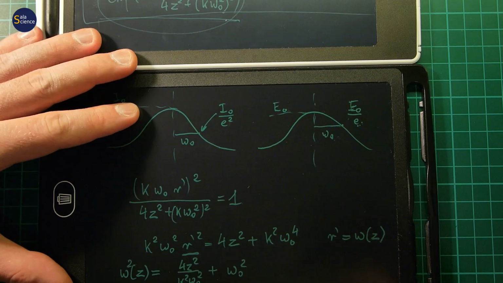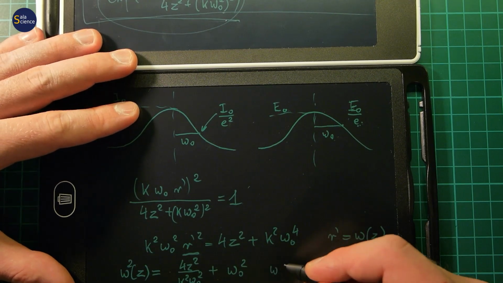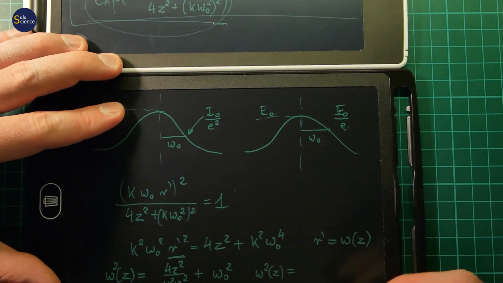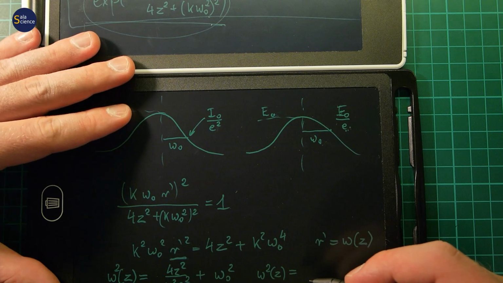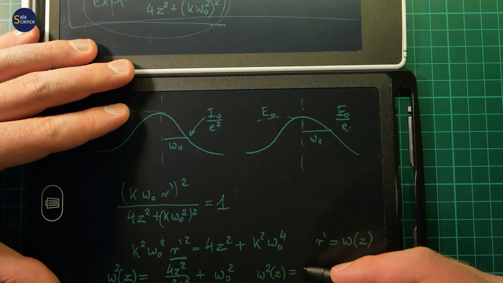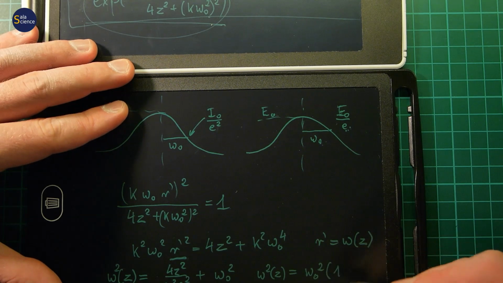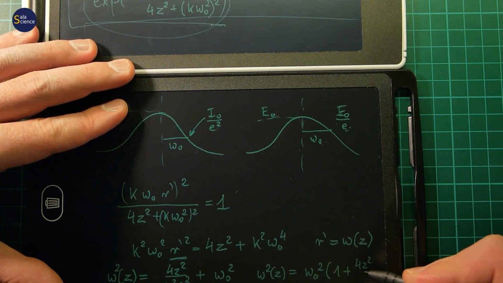Okay, so w squared at z equals omega naught squared times 1 plus 4z squared over k squared w naught to the power of 4.